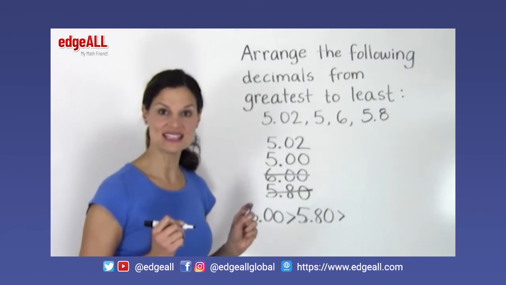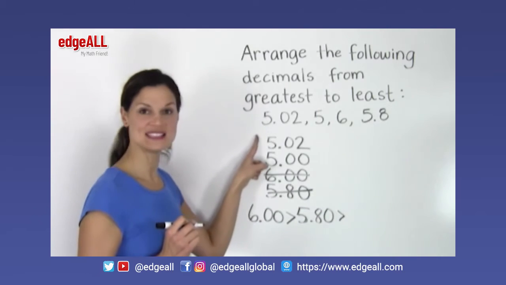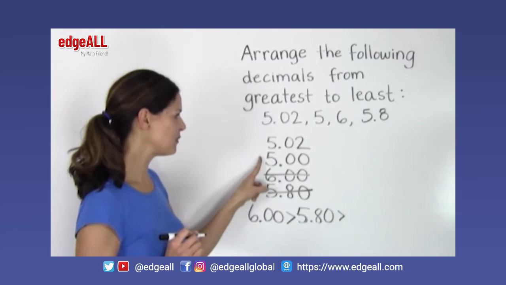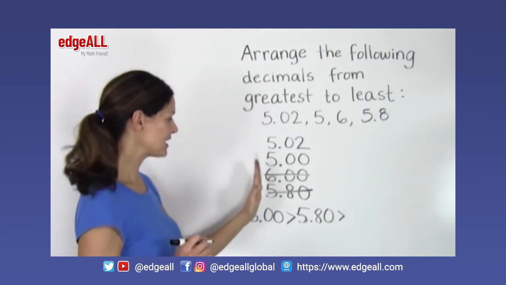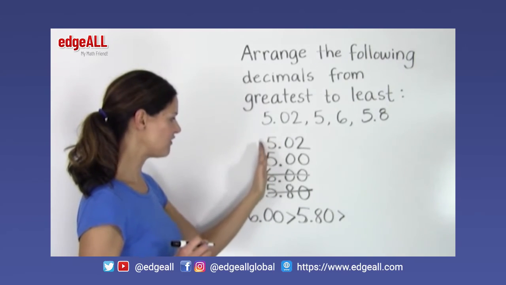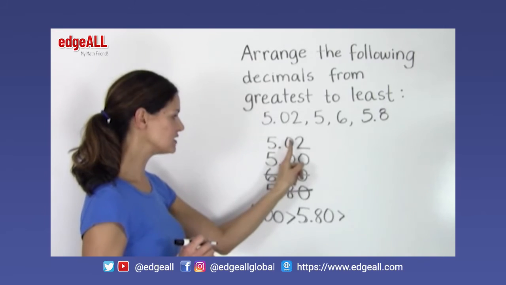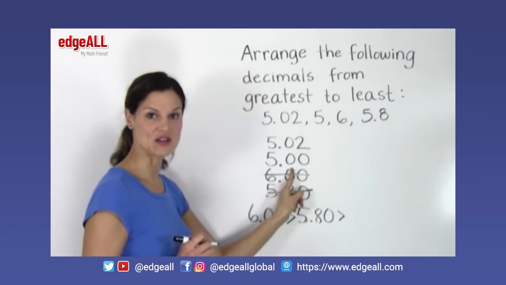And now we have to decide between the 5.02 and the 5.00, which one is greater. So again, if we're looking from left to right, our 5s are the same. Our zeros in the tenths place are the same.